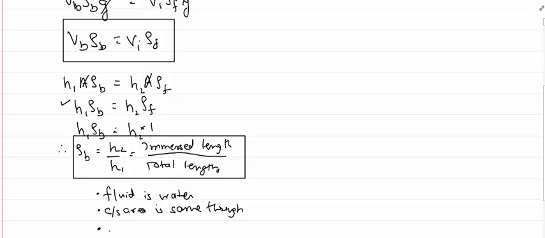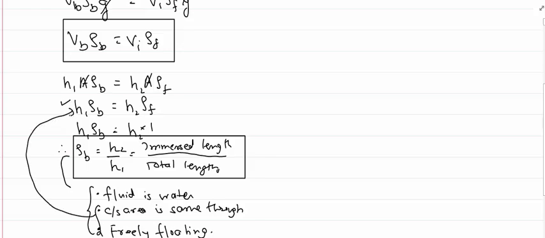And third, of course, the main condition is that the body is freely floating. So you can use this formula when all these three conditions are satisfied. If the fluid is not water, and only the last two conditions are met, then you can use the formula h1 rho b is equal to h2 rho f. And if conditions number 1 and 2 are not satisfied, and the body is only freely floating, then we will use the general equation.